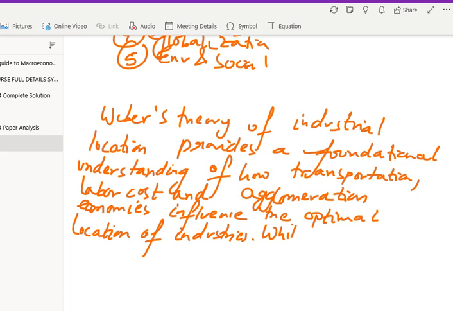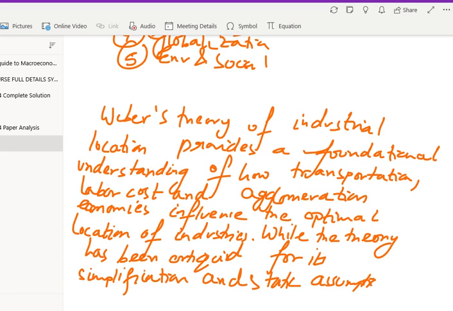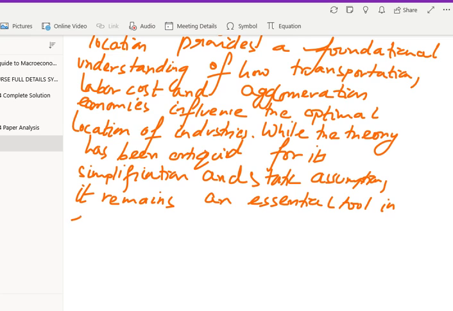Okay, while the theory has been critiqued for its simplification and static assumption, it remains an essential tool in economic geography.